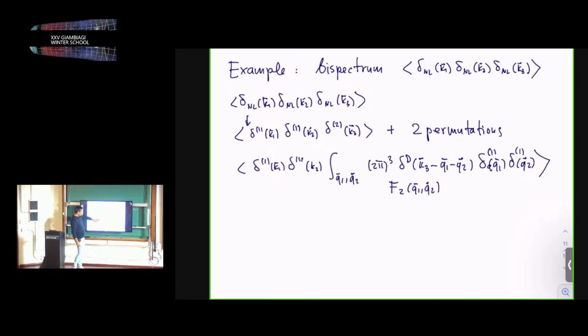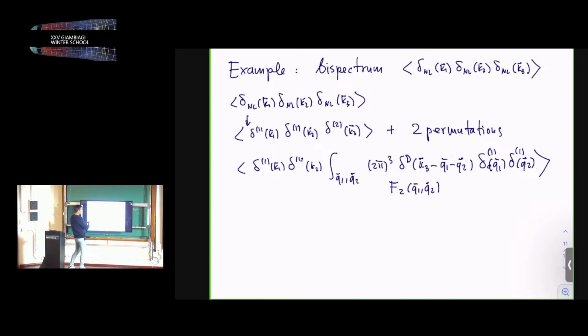Now, this momentum integral, delta function, this F2, this is not something that cares about this expectation value. So this expectation value acts only on this field delta, and Cora already told you this morning that for a Gaussian field, which we are going to assume the linear field to be, this kind of expectation value can be easily computed in terms of only the power spectrum.